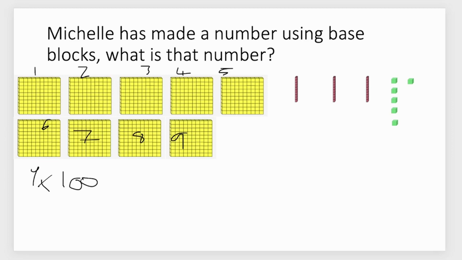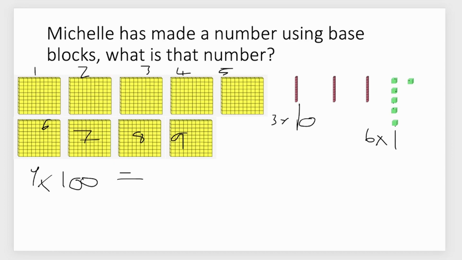So 9 lots of 100 to get the answer for the yellow boxes. Moving on to the pink ones, we have 1, 2, and 3. So 3 lots of 10s. So we could do 3 times 10 for that. And moving on to the green blocks in the corner, we have 1, 2, 3, 4, 5, and 6. So we have 6 lots of 1, or 6 times 1.